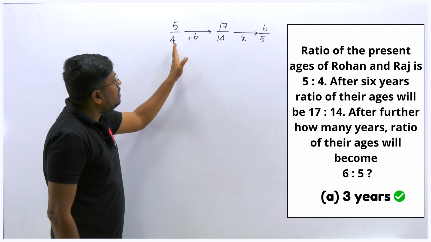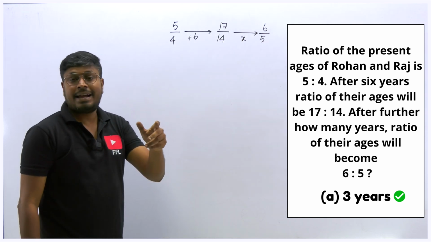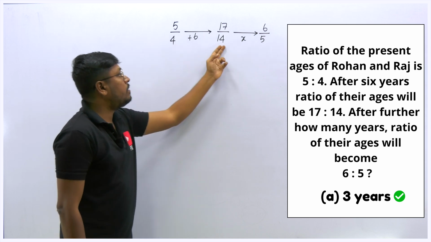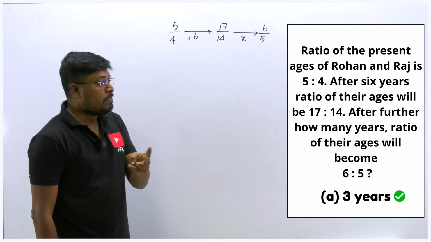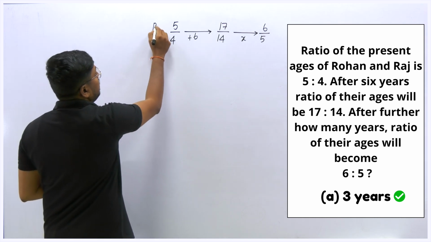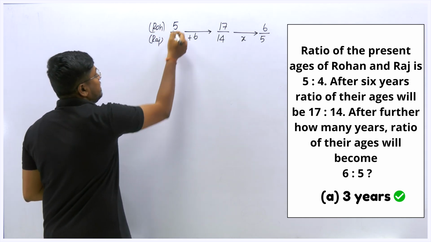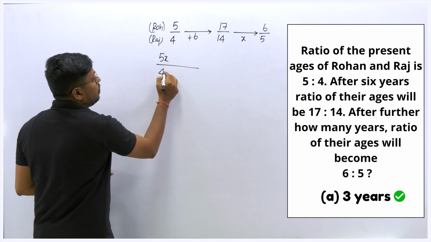But here all the values are given in terms of ratio, and the exact ages are not given. At least you have to find the present or future age, only then can you find the x value, right? There are 2 persons, one is Rohan and the second is Rajesh. So let's consider the present age of Rohan is 5x, so Rajesh will be 4x.